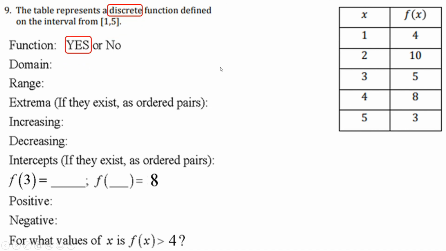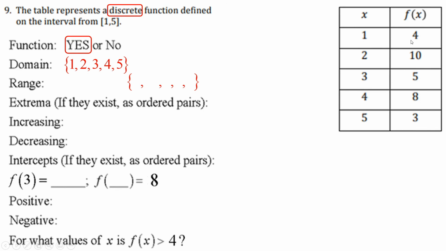Okay, the domain. Now, I love this because this is discrete. So the domain is just my set of x values. Note the birdie brackets for set notation: 1, 2, 3, 4, and 5. And the range would be my corresponding y values. All right, and you don't have to put these in order.